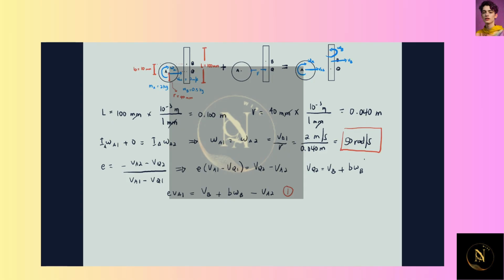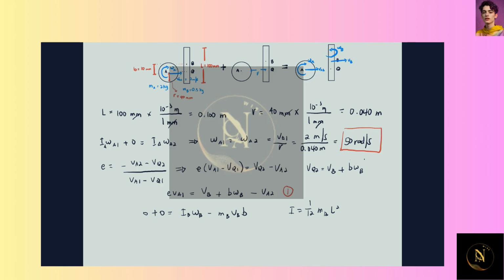Now, taking the moments about point Q with counterclockwise as the positive direction, this time the analysis is done on the bar alone. So we'll have 0 plus 0 equals Ib omega b minus mb vb times b. Based on the shape of the bar, its moment of inertia is given by 1 over 12 mb L squared.